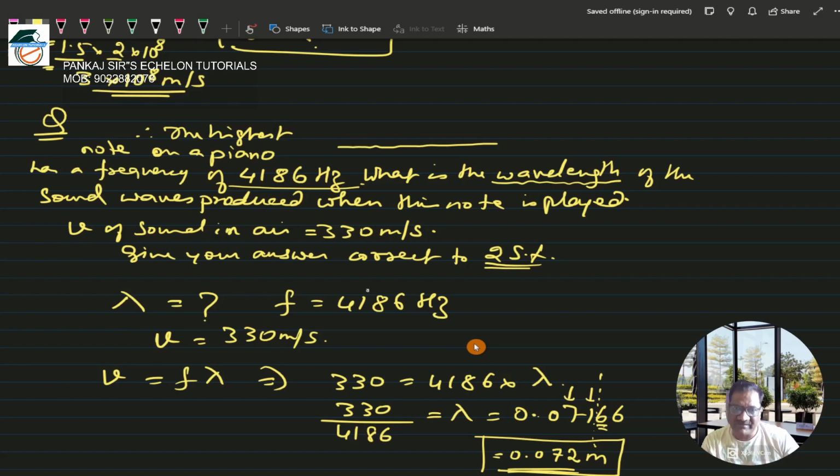We'll be talking about mechanical waves and electromagnetic waves also, and after that we'll be coming back to the ripple tank, and there we are going to study how the formation of the ripple changes when there's a reflection taking place, when there's a refraction taking place. So all this we are going to cover in the subsequent sessions.